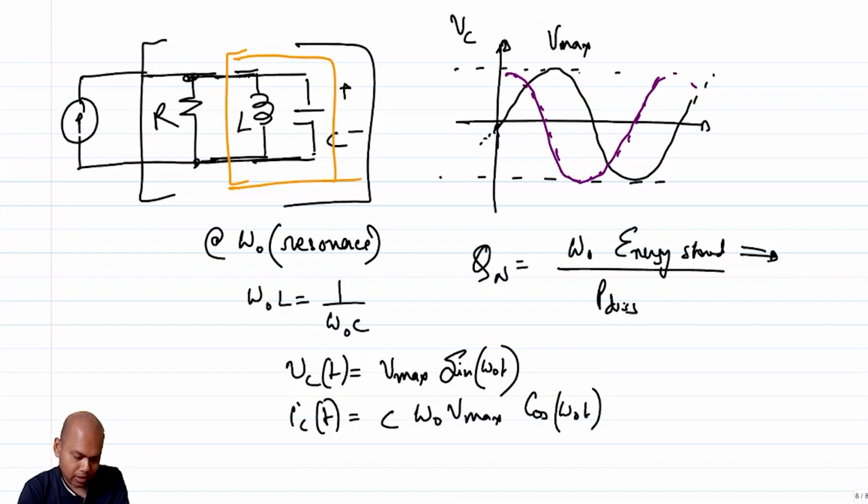Something like this. And where will the 0 be? Obviously, wherever there is a maximum voltage, the differential of the voltage is 0. That's essentially the current. So you will have a 0 here, right? It's not aligned properly, but you will have a 0 here. And where is this current coming from?